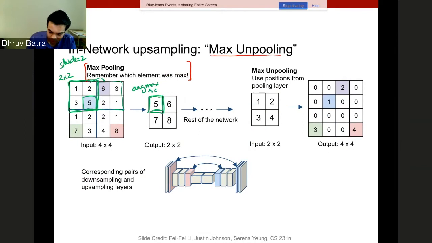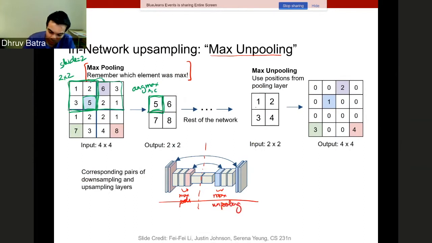And we can design architectures where there is a symmetry in the network. Every time there was a max pooling layer, at that same symmetric location we have a max unpooling layer.